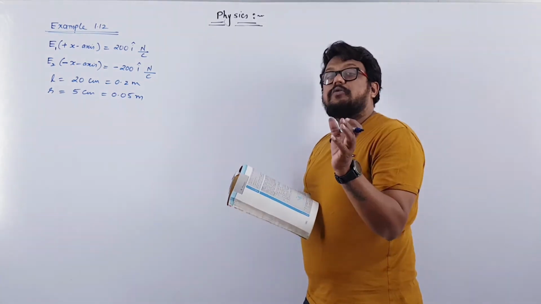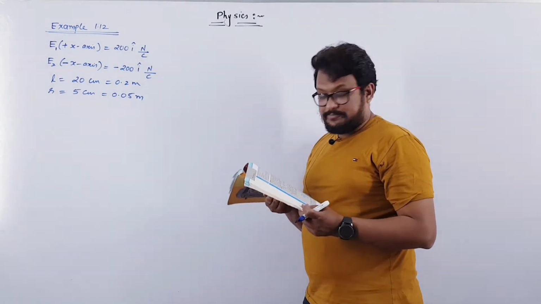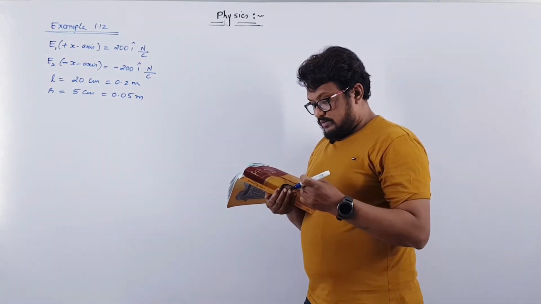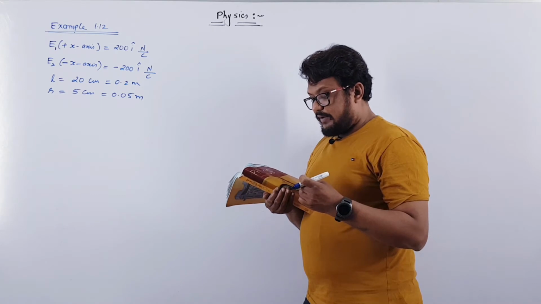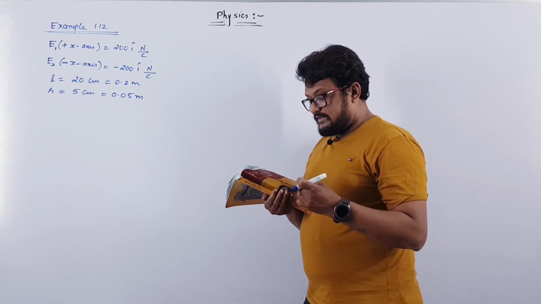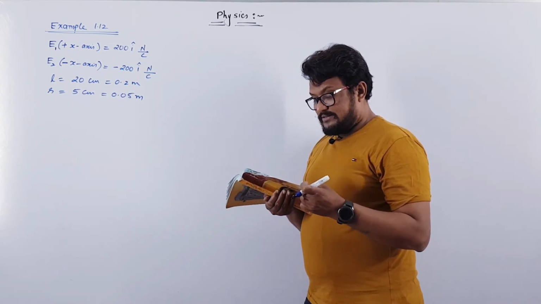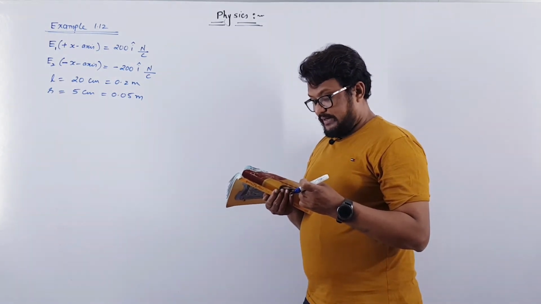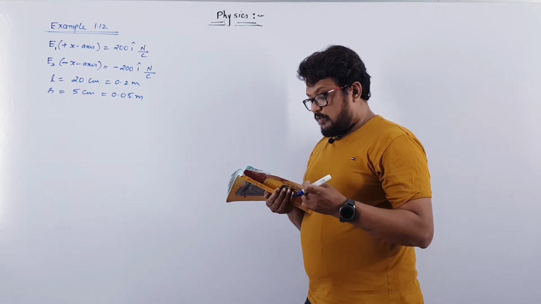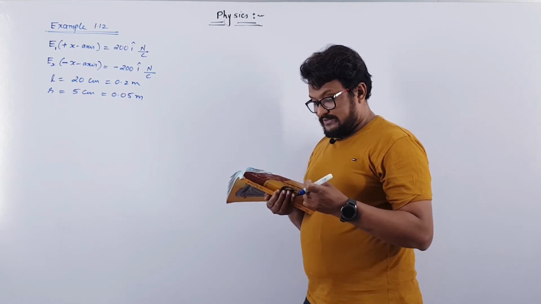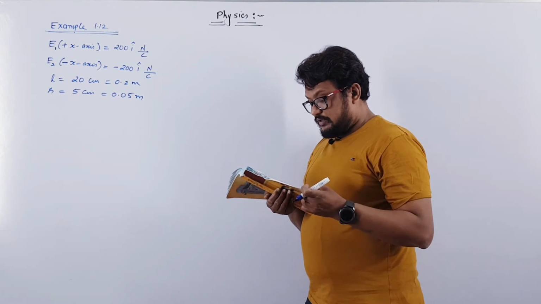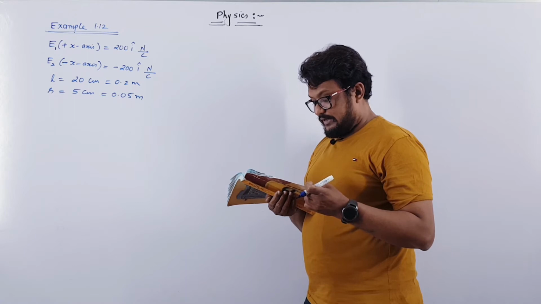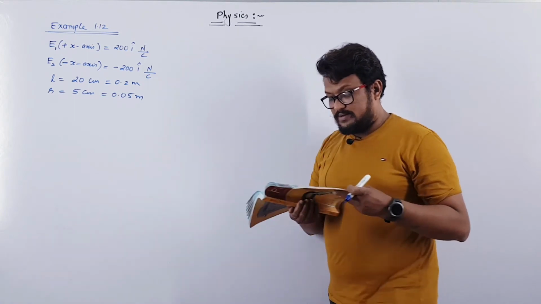The center of the cylinder is lying at the origin of the coordinate system, and its length is along the x-axis, so that one face is at x equal to 10 cm and the other is at x equal to minus 10 cm. Figure 1.28. What is the net outward flux through each flat face? What is the flux through the side of the cylinder, and what is the net outward flux through the cylinder? What is the net charge inside the cylinder?